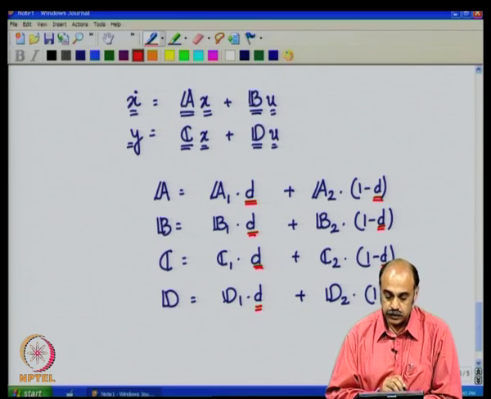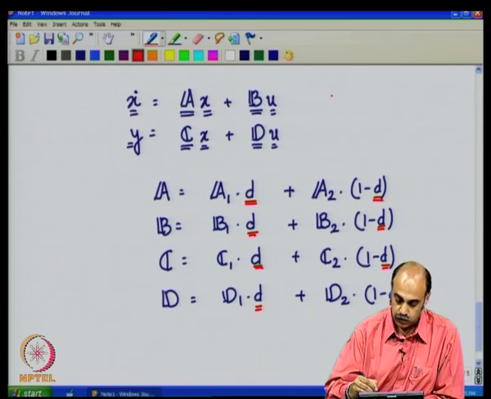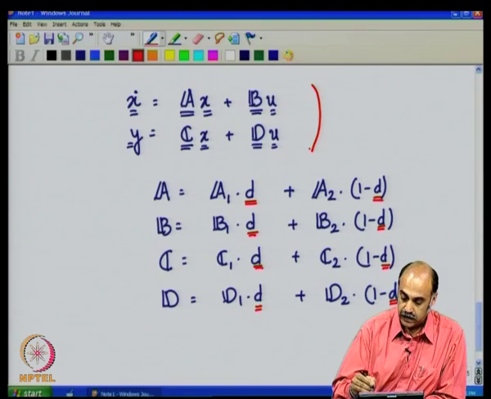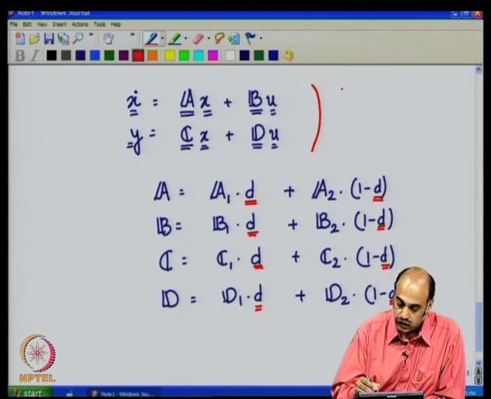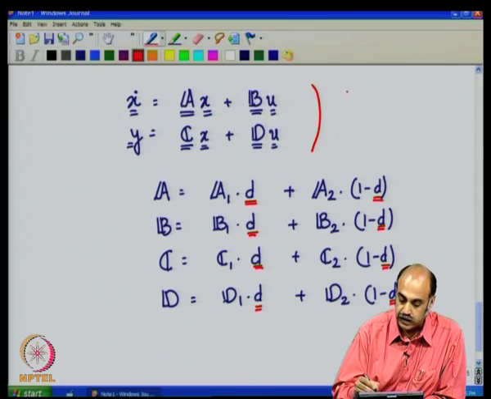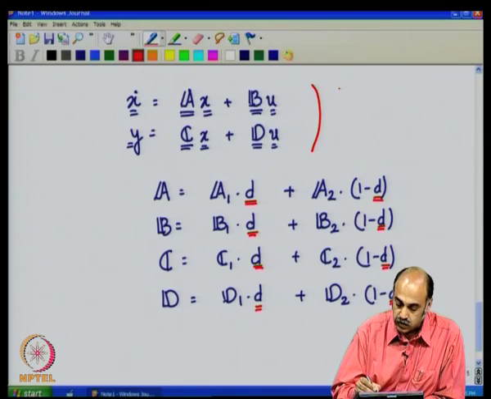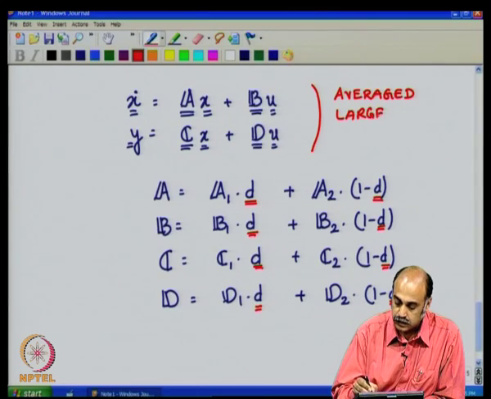So, coming back to this equation, this weighted or averaged model, where both the A1 part and A2 part are brought together, is called the average large signal model.